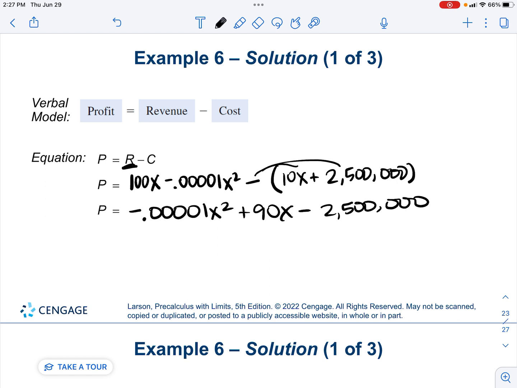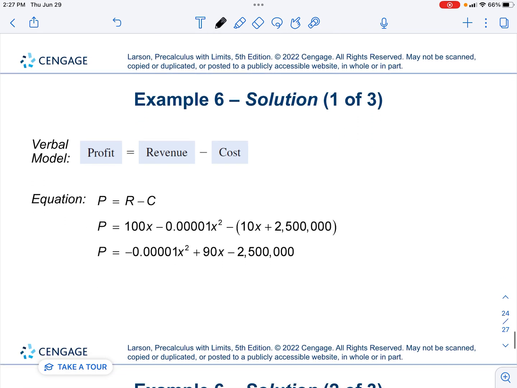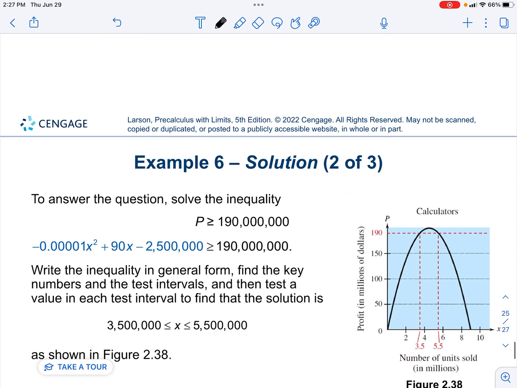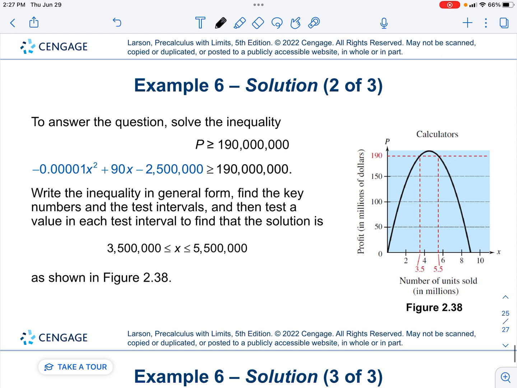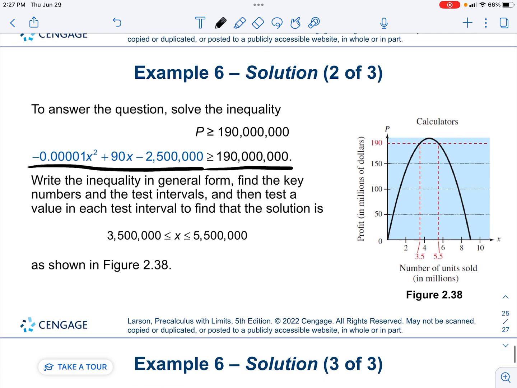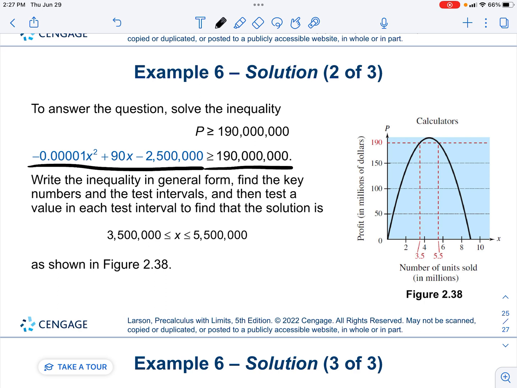All right, and it said that we wanted our profit to be at least 190 million. So if you take that profit equation, you set it greater than or equal to 190 million, that's what they were asking for. So if I were to graph each of these, here is my profit equation graphed in millions.